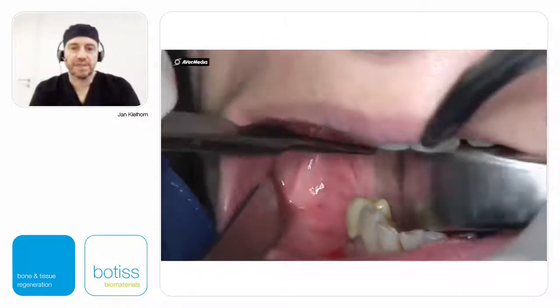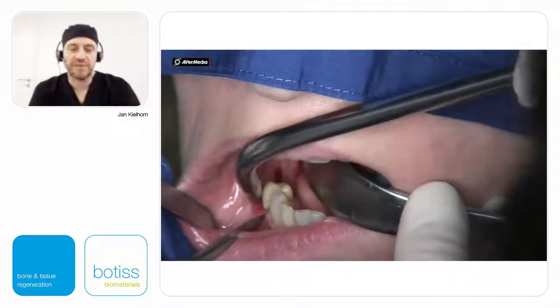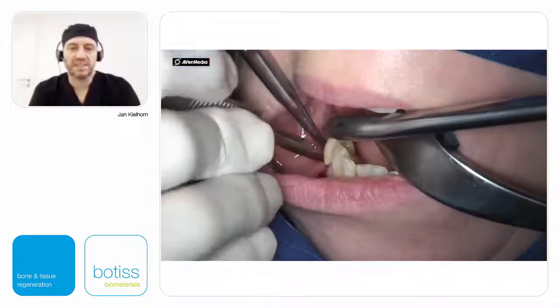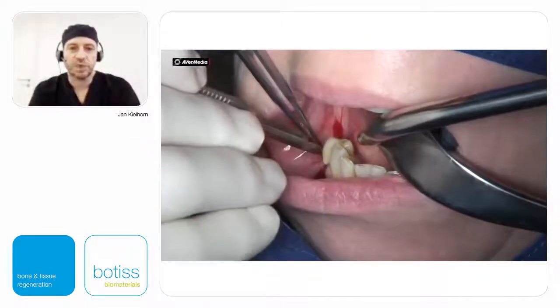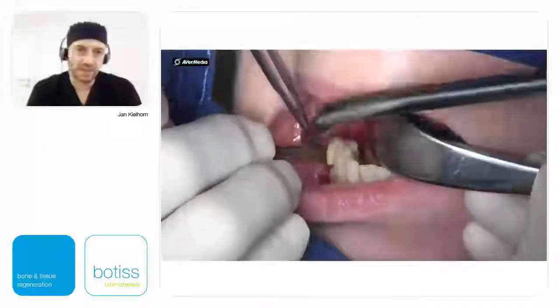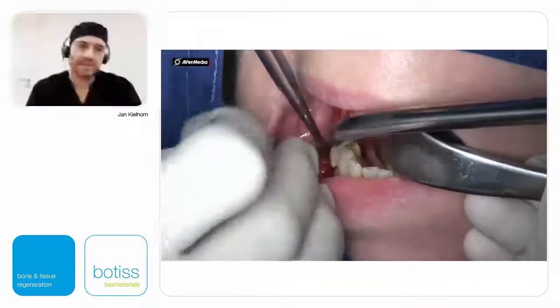Very important is that if you look at the procedure, most colleagues think that it's difficult to cover an augmentation site in the mandible.